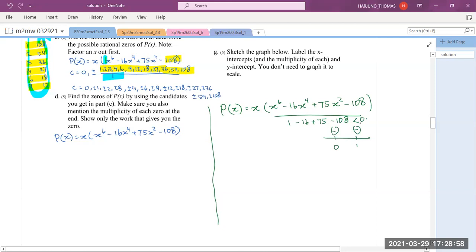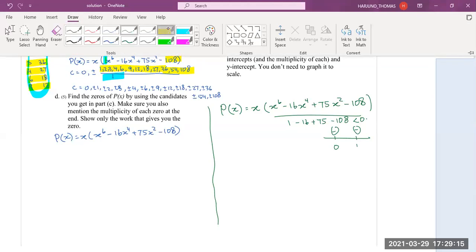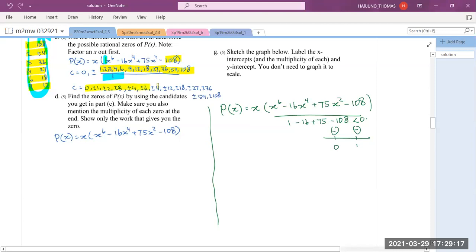It doesn't mean there's no zero in between, but because they have the same sign, there is a small chance there's a zero in between. Not to say that if you take a look at the list here, all the positive rational zeros, you don't have anything between 0 and 1. So we'll check something greater than 1.